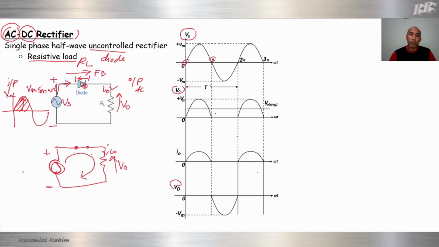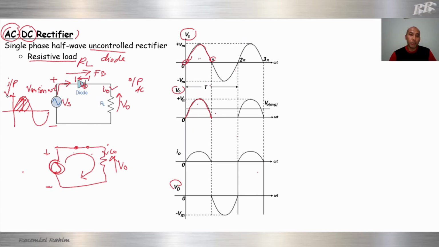Look here, this is our output voltage during the positive cycle, and this is the input voltage during the positive cycle. So the same, output equal to input, exactly the same.